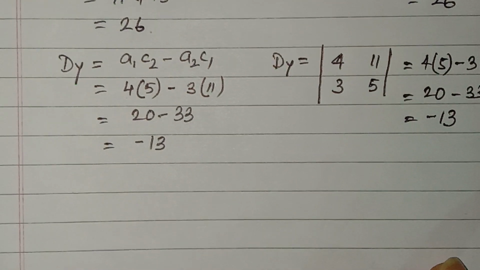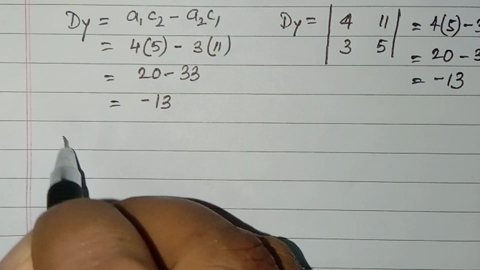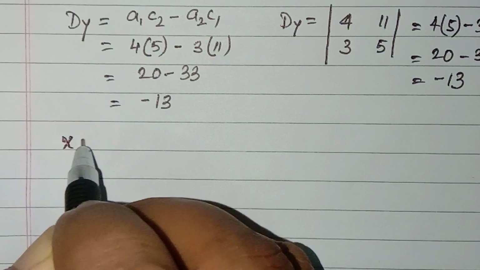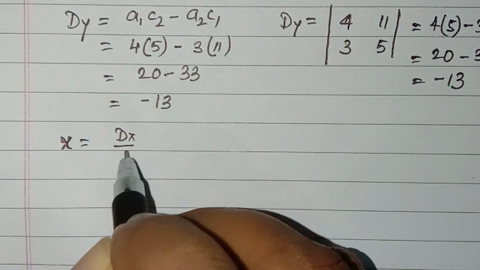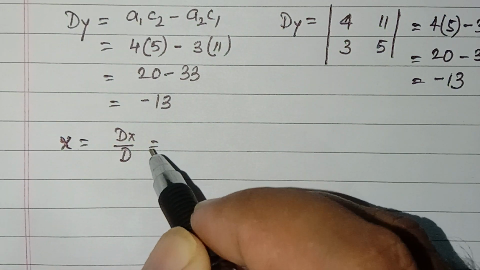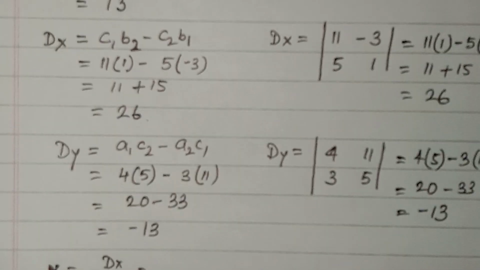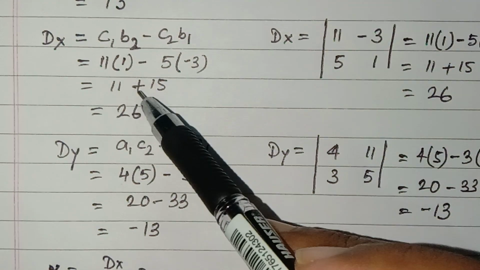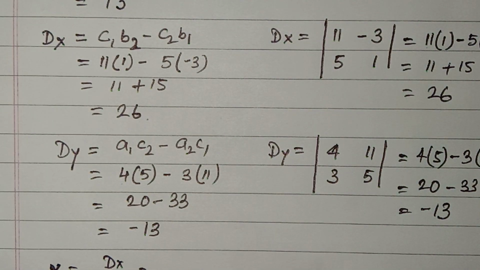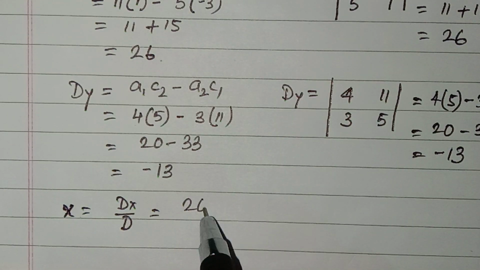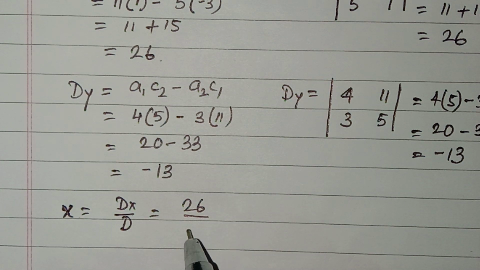Now my x solution is dx by d. My dx is 26, so I write 26 upon d, which is 13, and this is equal to 2.